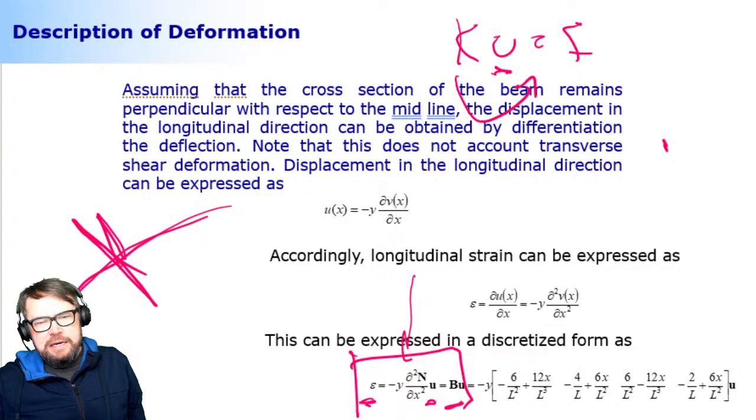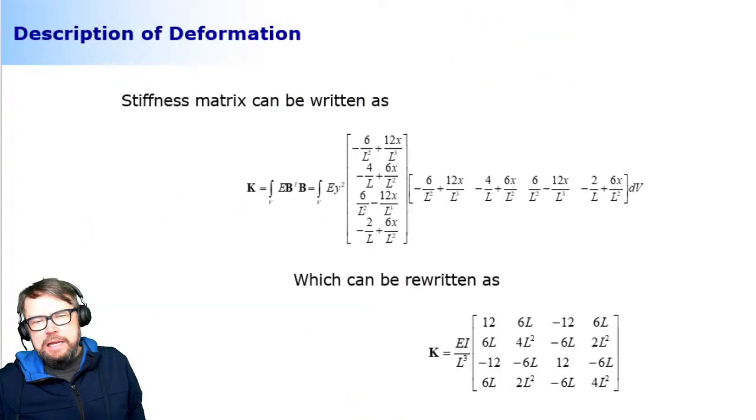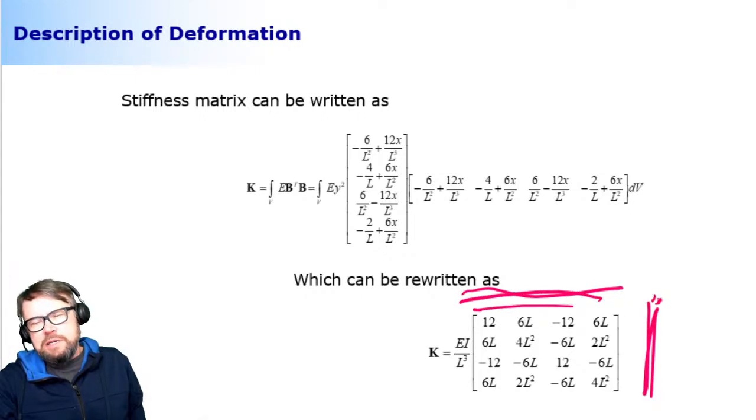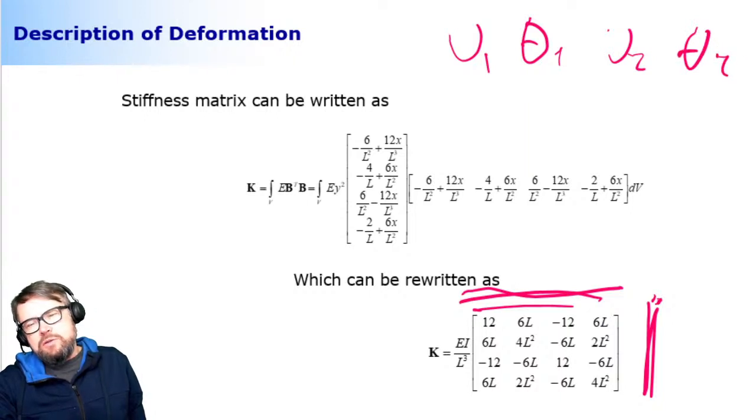And your stiffness matrix, in case of the beam element, will have 4 rows and 4 columns, because you have 4 degrees of freedom. And these 4 degrees of freedom are displacement of node number 1, orientation of node number 1, displacement of node number 2, and orientation of node number 2.